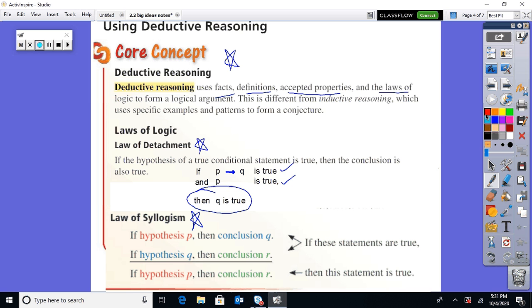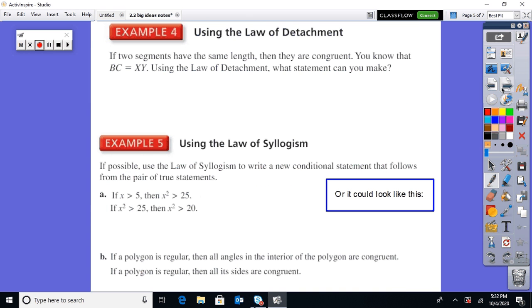If the hypothesis, then conclusion is true, and then the next hypothesis is just the conclusion of the first one to lead us to some new thing, R, then I can combine P with R in a new sentence. So now a lot of P's and Q's and R's, let's make it make sense.